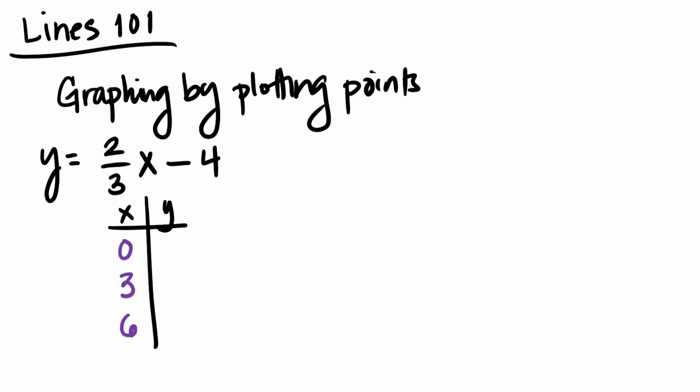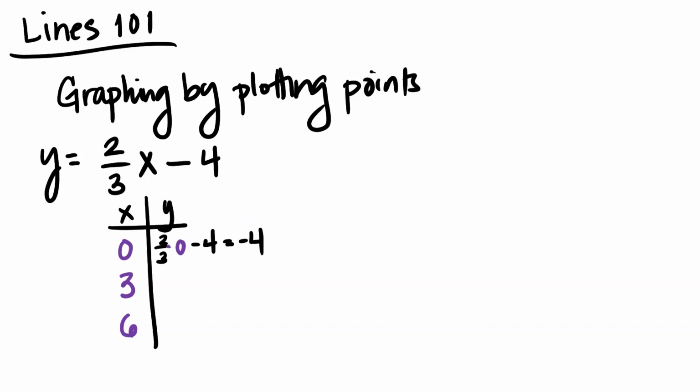So if we plug in 0, my y equals 2/3 times 0 minus 4. I know this is being slow for many people, but that's why you can fast forward me. So that first term is 0, and then we'll just have a negative 4.